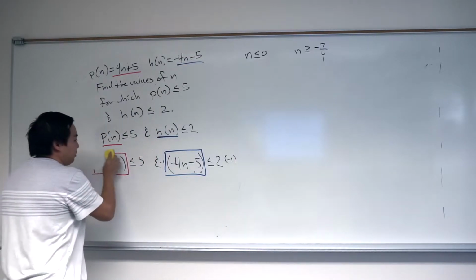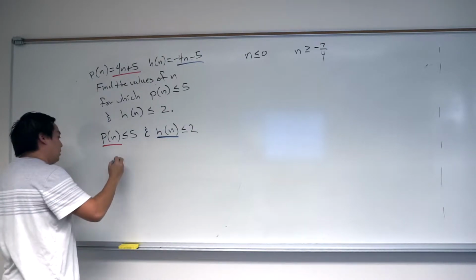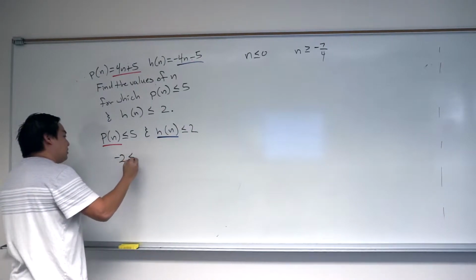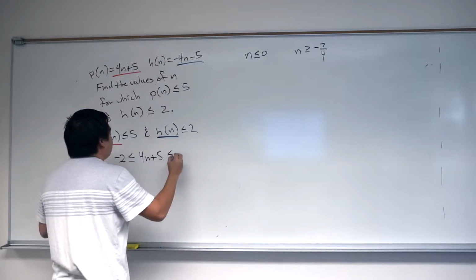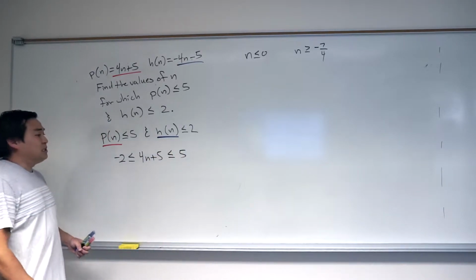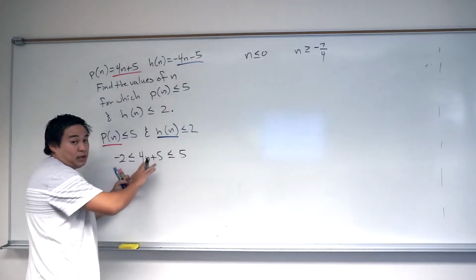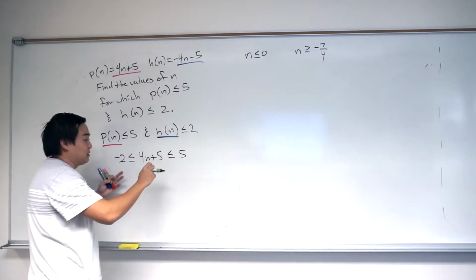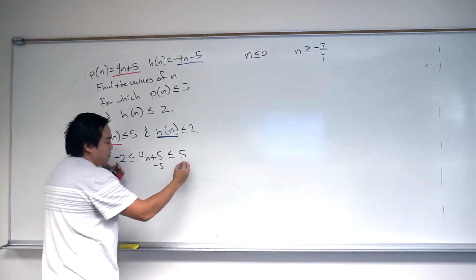Okay. So let me rewrite that so we can actually solve it. -2 is less than or equal to 4n plus 5, which is less than or equal to 5. To solve this one, you take what's in the middle and apply the operations to both sides. If I only had that right-hand side, we would subtract 5 like this.